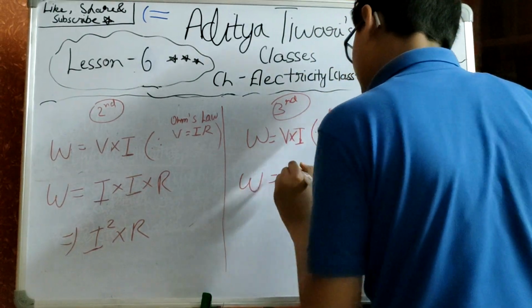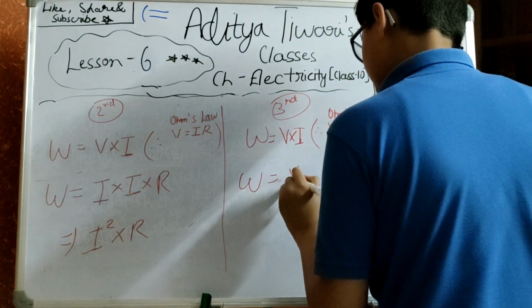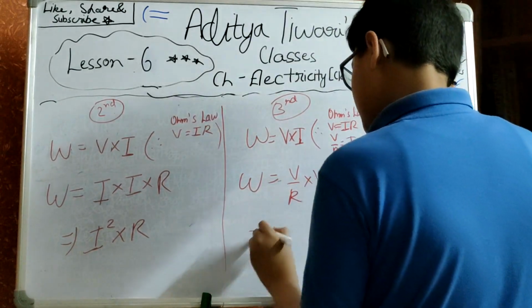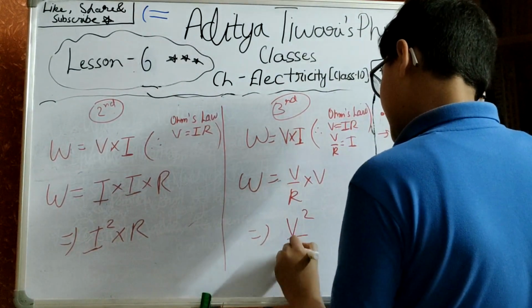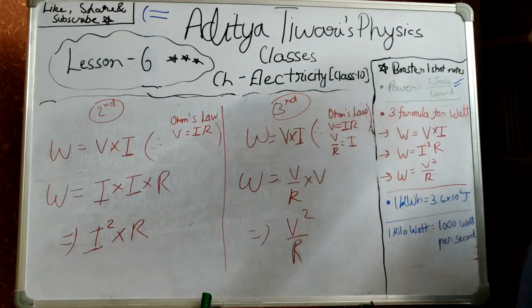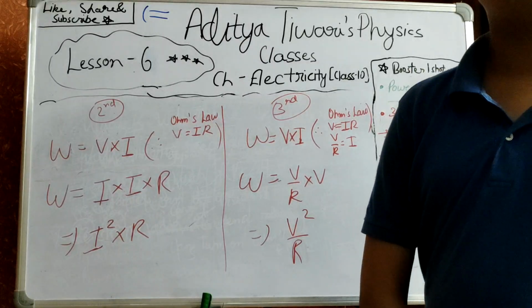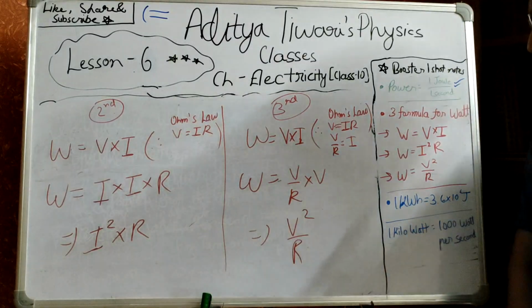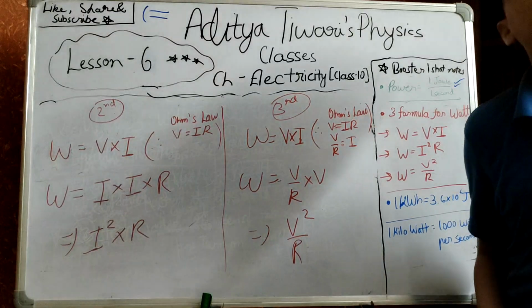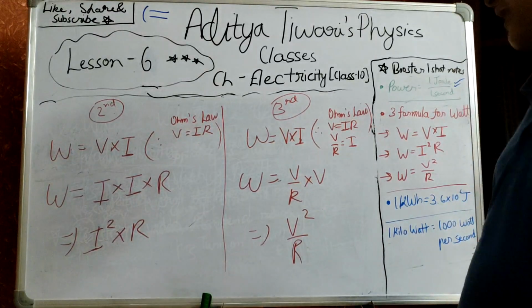So watt is equal to V by R times V, which is V square divided by R. So these are the three formulas for watt. I'll repeat. Watt is equal to voltage times electric current. Second formula is watt is equal to I square times R. Third formula is watt is equal to V square divided by R.